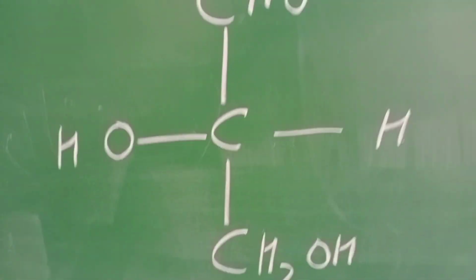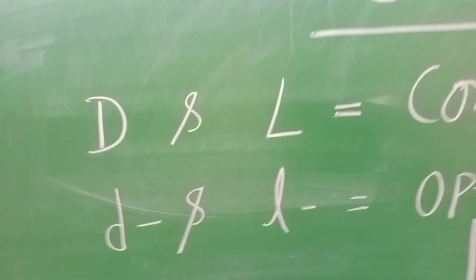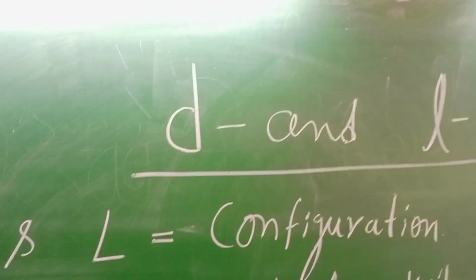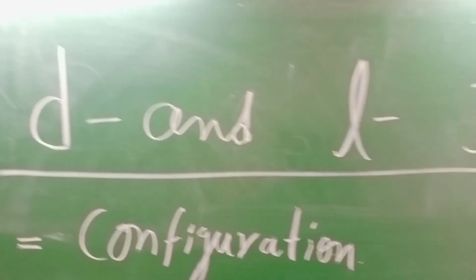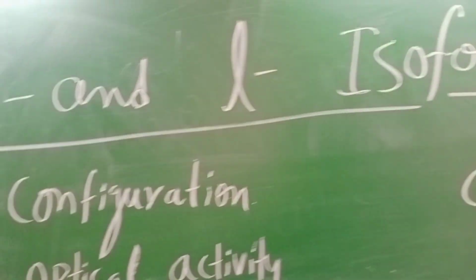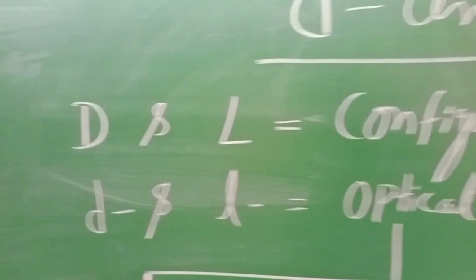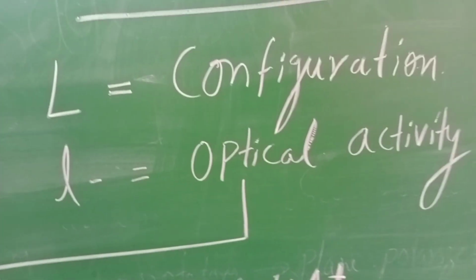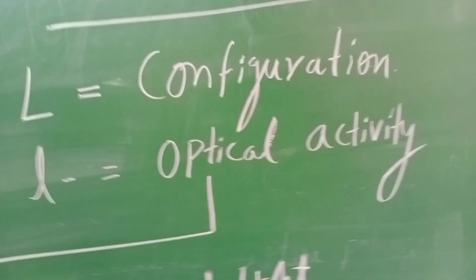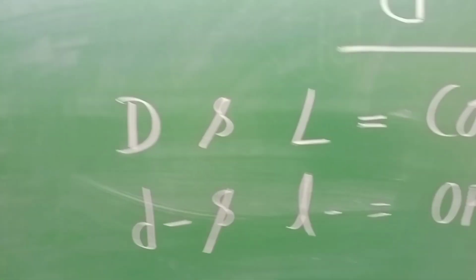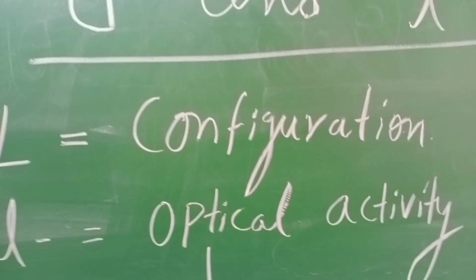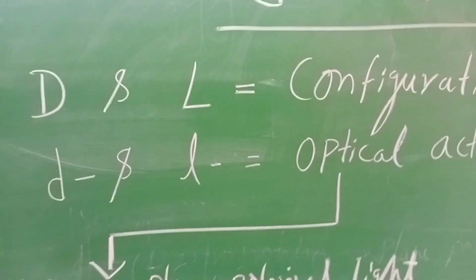In this video I have explained the meaning of D and L isomers. The small d and the small l denote the optical activity of a molecule. However, the capital D and the capital L represent a specific configuration in which the molecule exists.